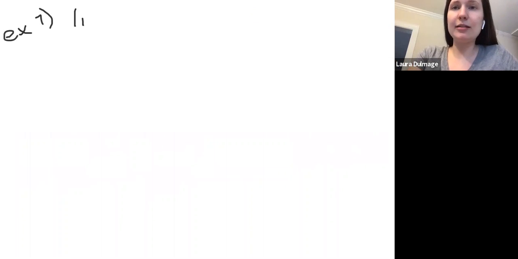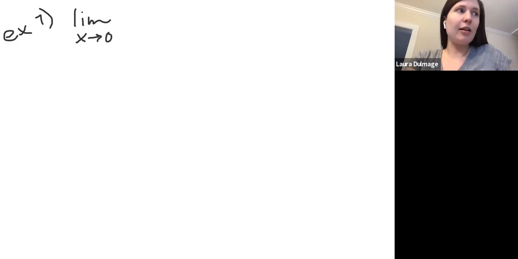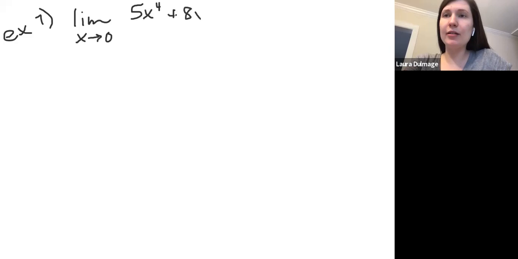The limit as x goes to 0 of 5x to the 4th plus 8x squared over 3x to the 4th minus 16x squared.